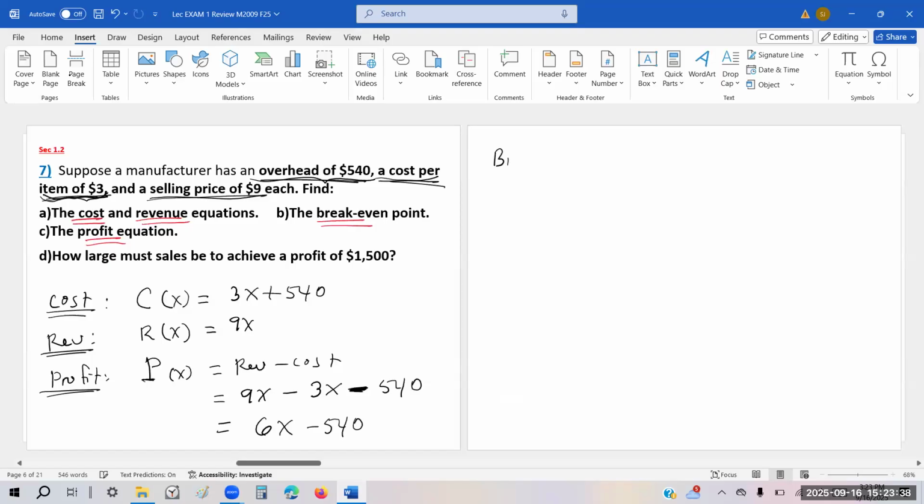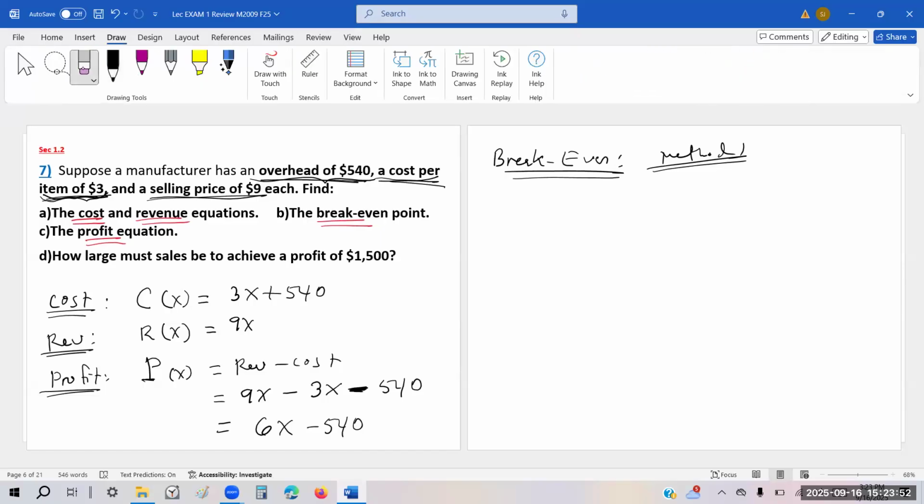How do you calculate break-even? There are two ways we can do break-even. Method 1. How do you find break-even?